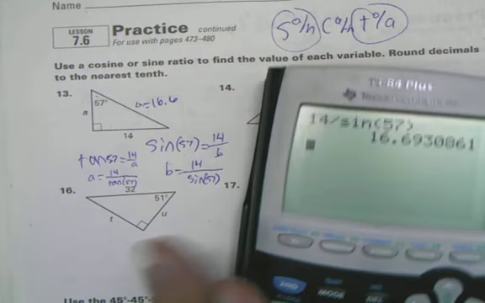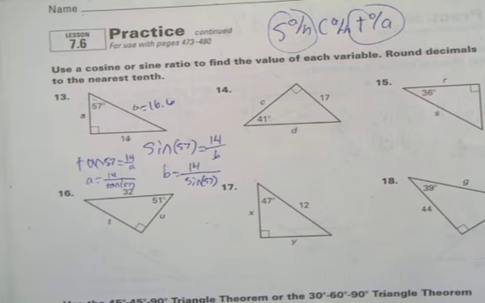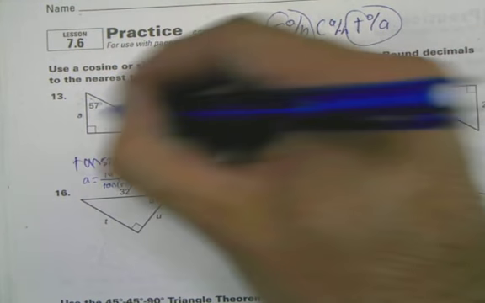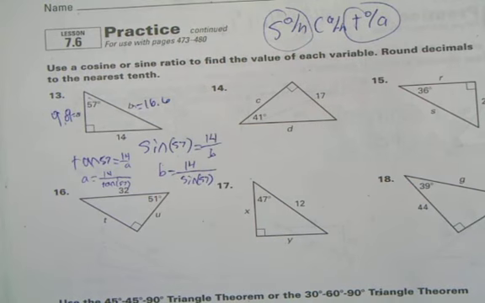Let's bust out our calculator and find 14 divided by tangent of 57. Excellent. 9.09. And A equals 9.09. There you go.